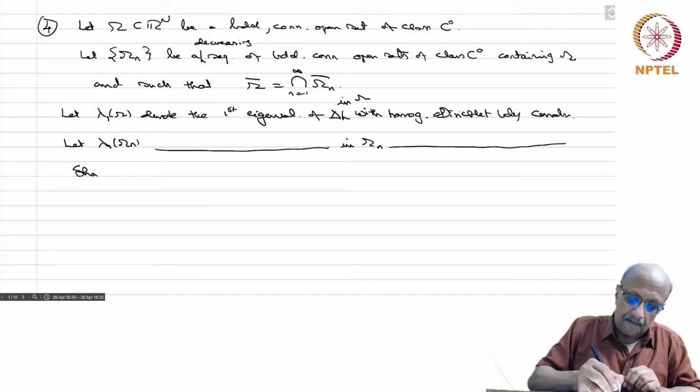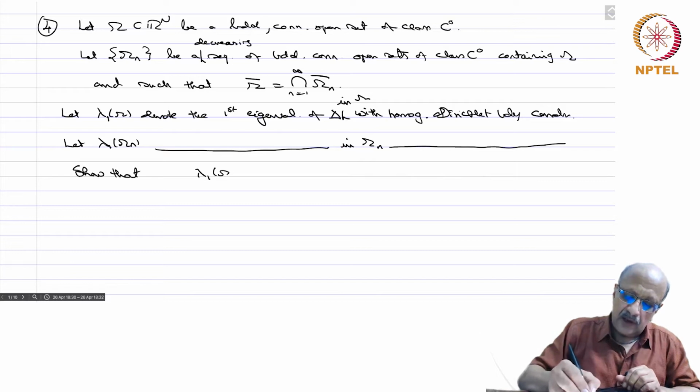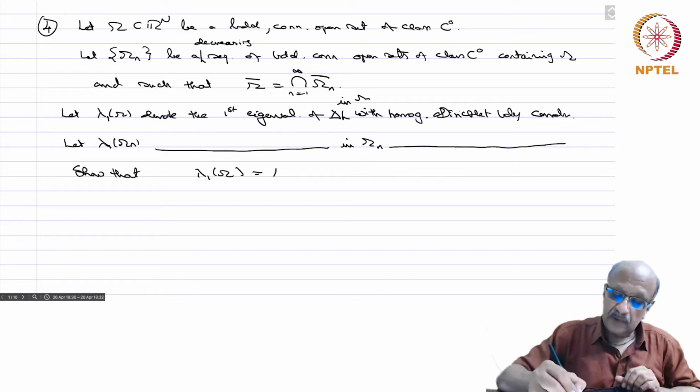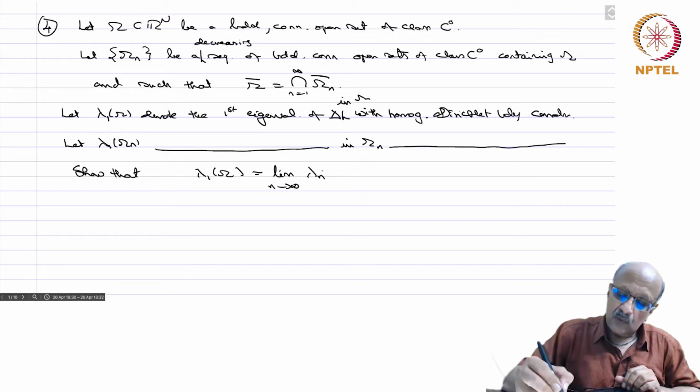Show that lambda_1 of Omega equals the limit n tending to infinity of lambda_1 of Omega_n.